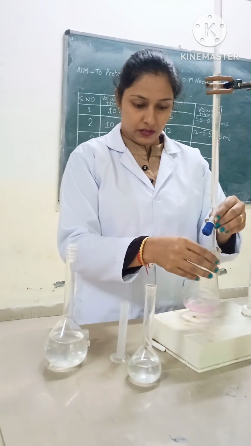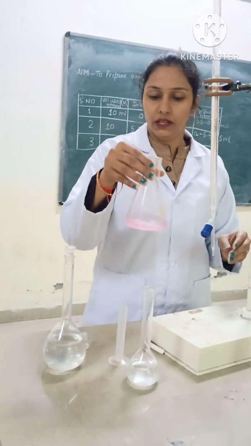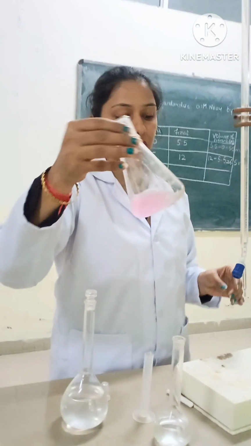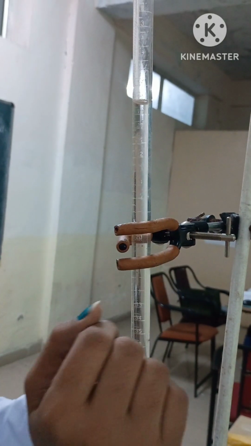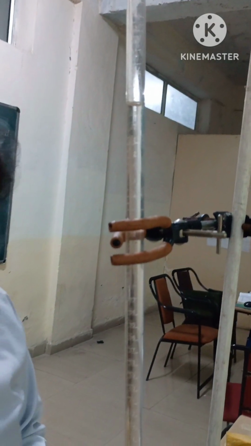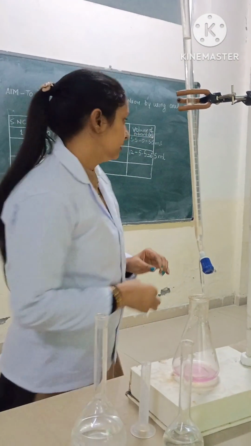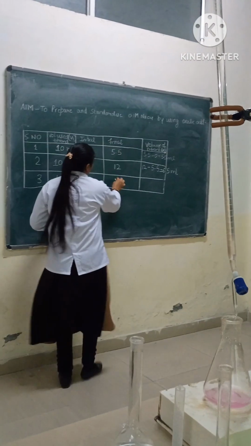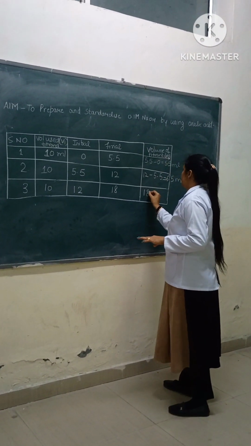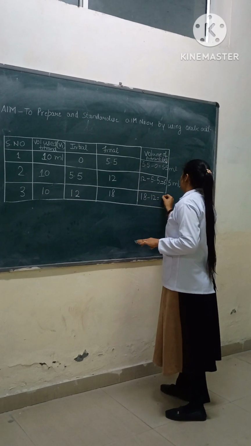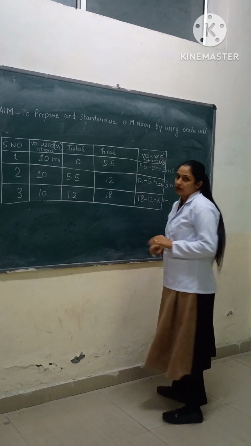After a time it will be a permanent slight pink color. Now we will check. It is 18. So now our final reading is 18. We will write it here. 18 minus 12, that is 6 ml.